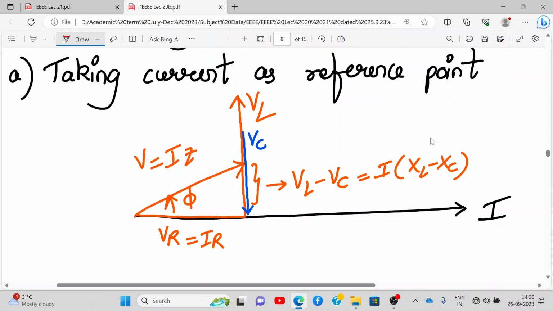So please draw this phasor diagram. First you draw I, then you draw VR. Then you draw VL. Opposite you draw VC. And then where will you mark V? Whatever the difference between VL and VC is, that much will come over here.